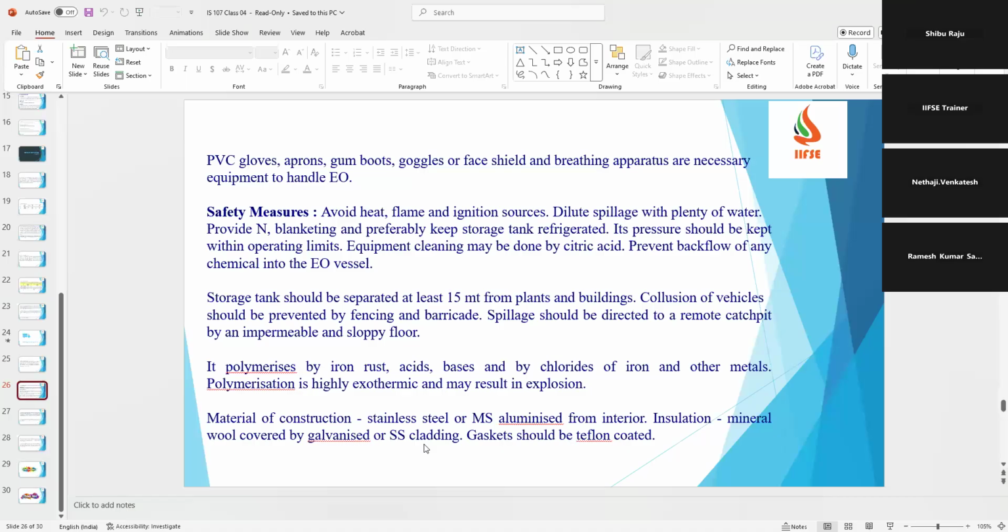So in case of any spillage, it can be collected in a catchment pit. Then it polymerizes by iron rust, acids, bases, and also by chlorides of iron and other metals. Polymerization is highly exothermic and may result in explosion. Polymerization is nothing but a kind of reaction where it can generate a large amount of heat.